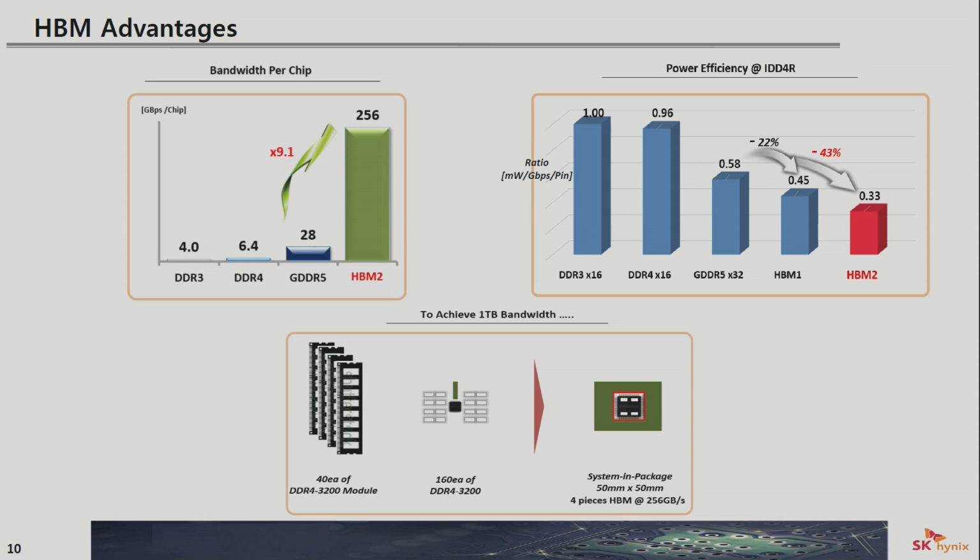I haven't seen a solution at that speed in the market today. A more elegant design would be to use an HBM solution with 4 pieces delivering 256 gigabytes per second each. And all of this can be packaged into the same package as an ASIC or a processor, and it takes up about 50 by 50 square millimeters.